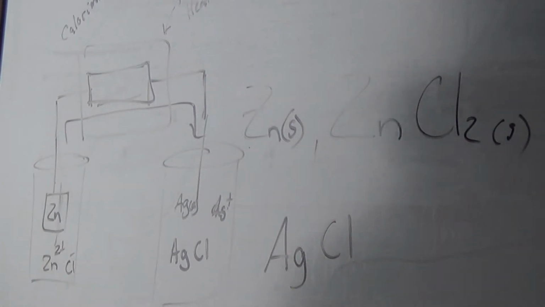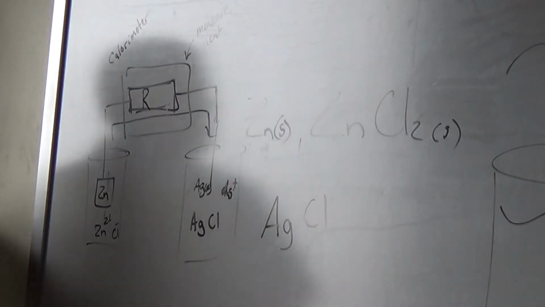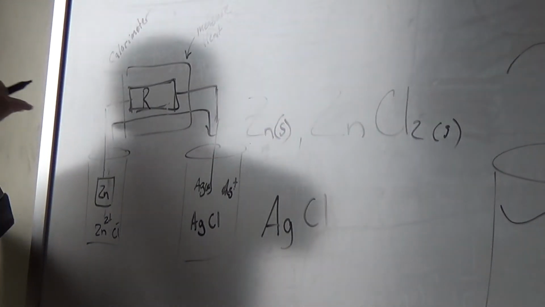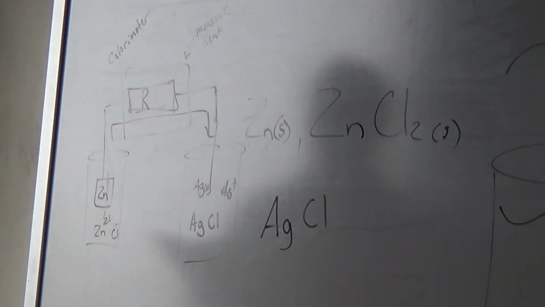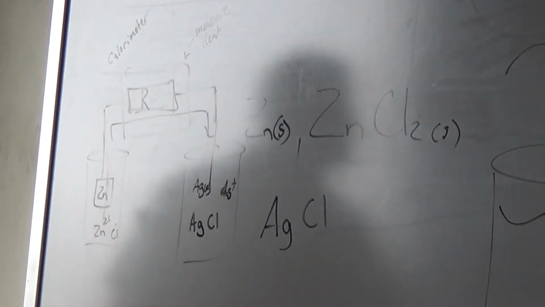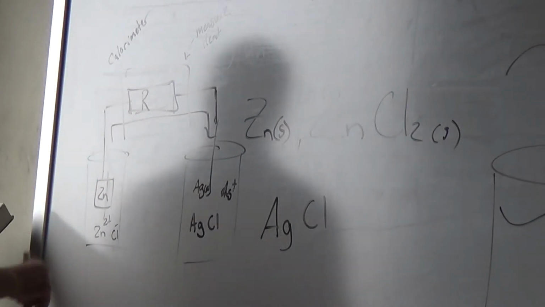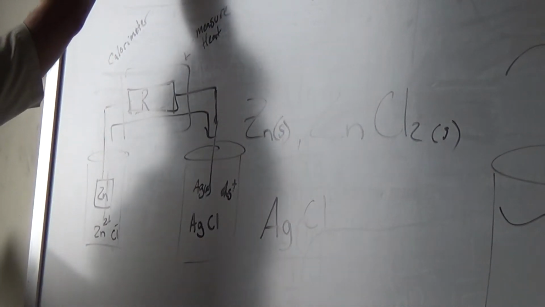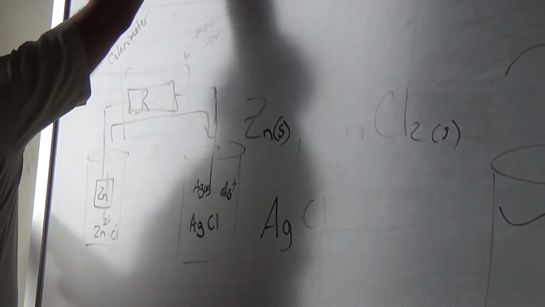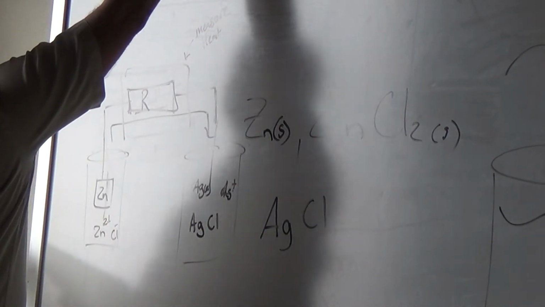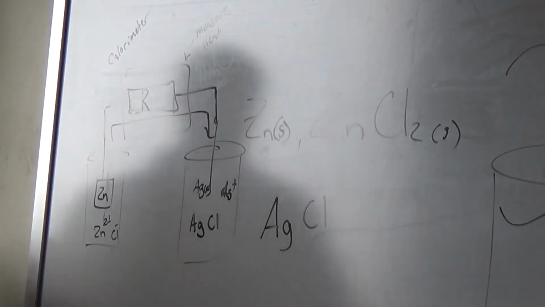In the limit of infinite resistance, so you make this resistor just a really big R, and that means that current has to move infinitesimally slowly through the resistor. In the limit of infinite resistance, you find out that the amount of heat dropped off here approaches negative 190 kilojoules.